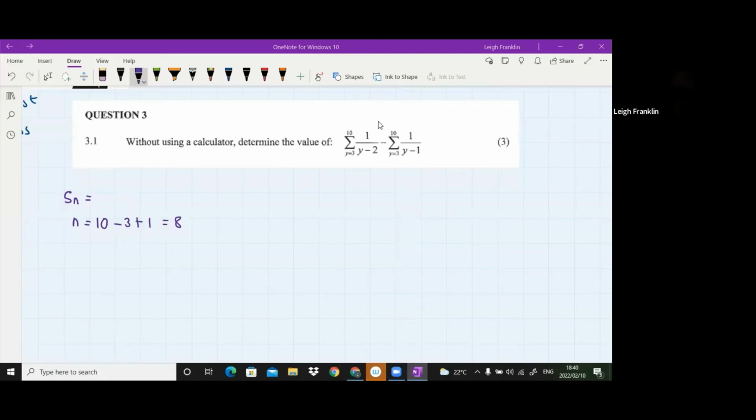So now we're going to sub in. Our first thing we're subbing in is 3, so 3 minus 2. Then the next number we're subbing in is 4, then 5, and so onwards until we eventually end up subbing in 10. 8 will be the number of terms in the pattern, and 10 will be the last thing that we sub in.